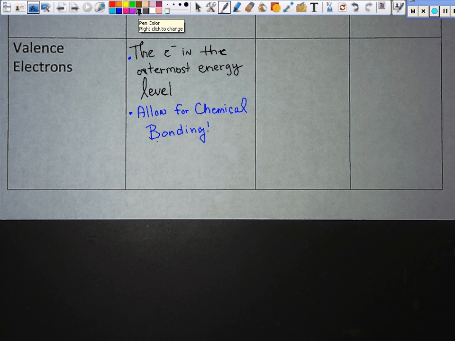Group 13. Now, I know what you're thinking, why did he skip that? Look at boron on the periodic table. That's where we're talking about. Group 13 has 3 valence electrons. So here's what I really need you to also understand. We skip the D block, or skip the transition metals.